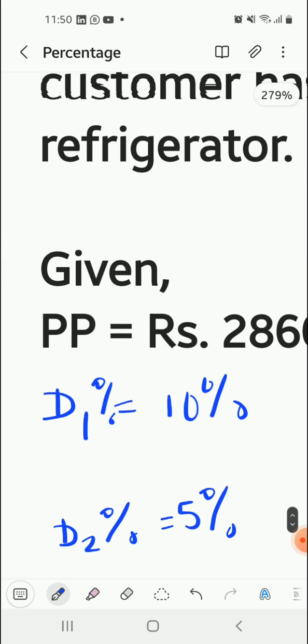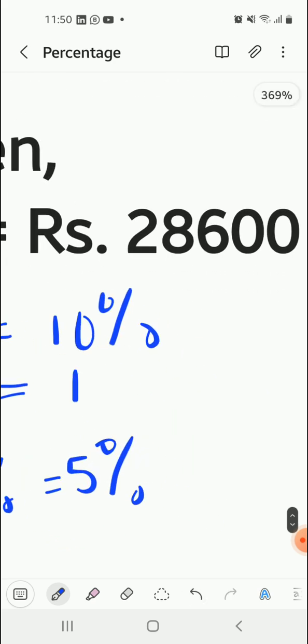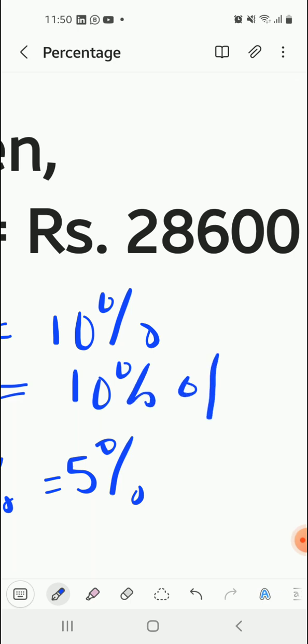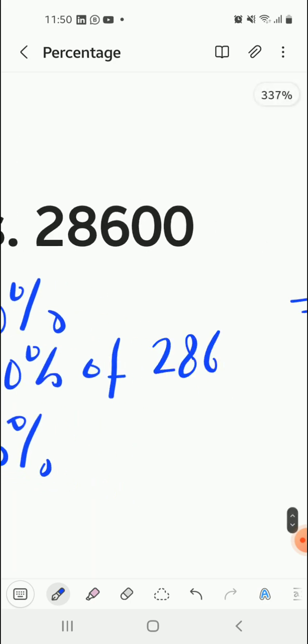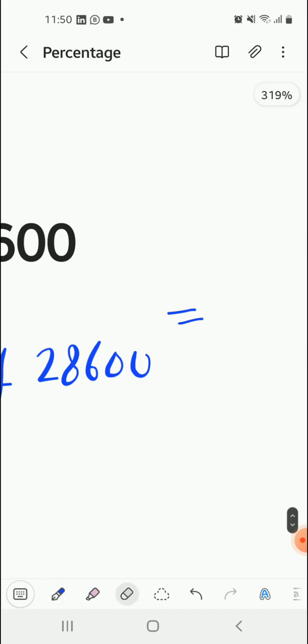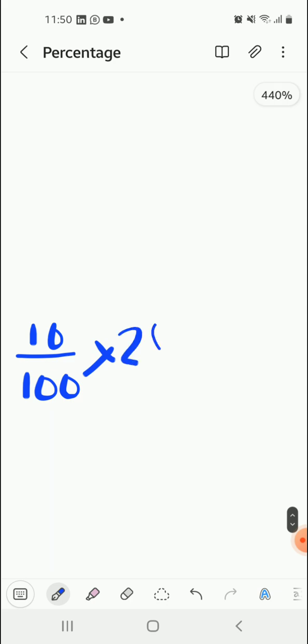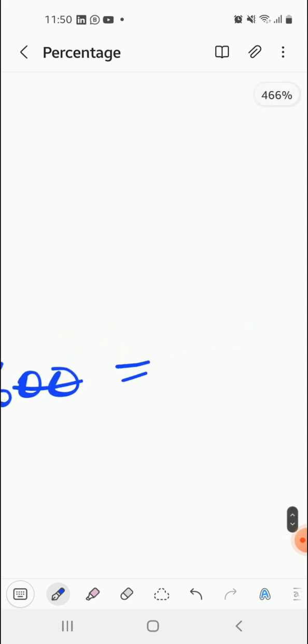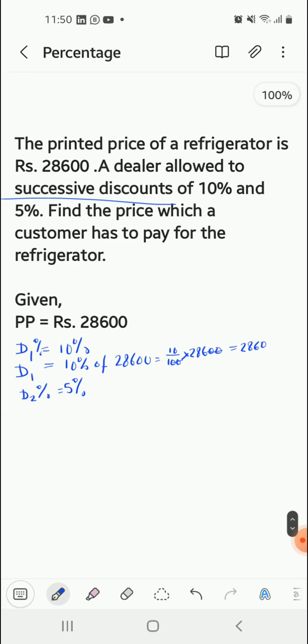So first we are going to find out the discount D1. It will be 10% of 28,600. If you are calculating it, it will be 10 by 100 into 28,600. So we get 2860. This is my first discount.